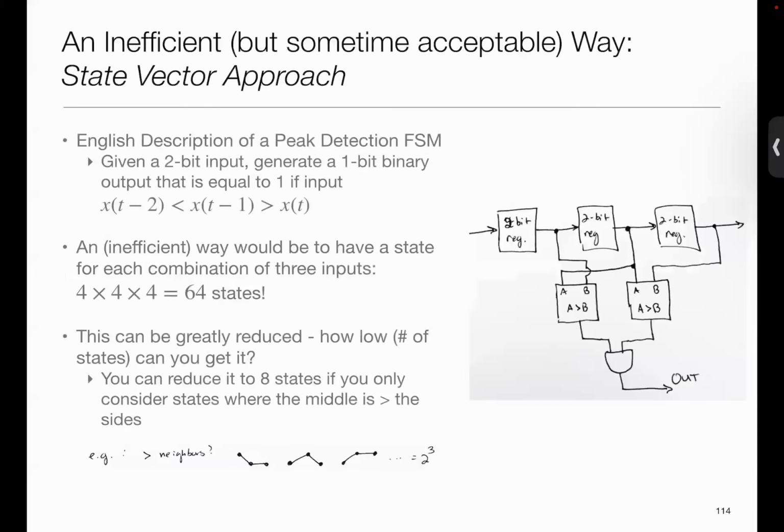So at the end of last lecture, I was talking about how for some cases, these were just sort of motley topics. And one of the things I had mentioned was that for some cases there's a simpler, inefficient, but workable approach, which is called the state vector approach.